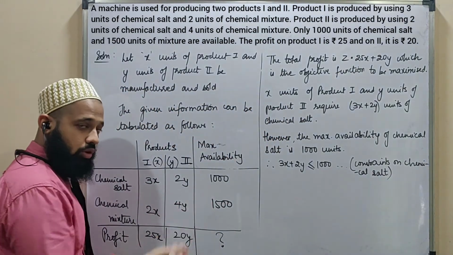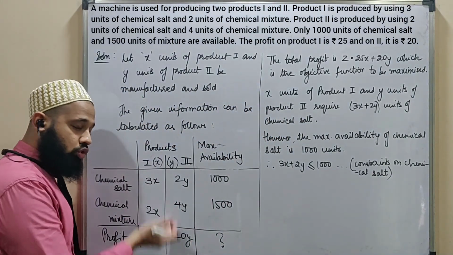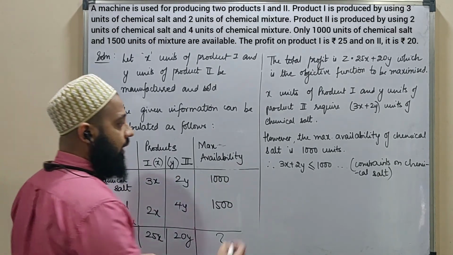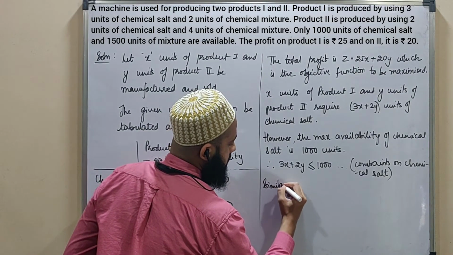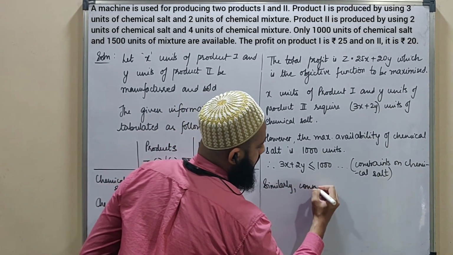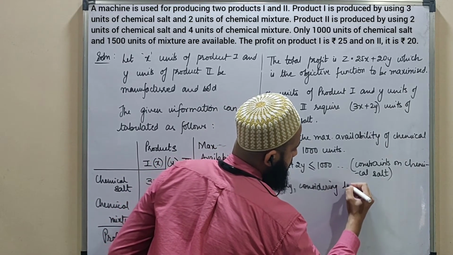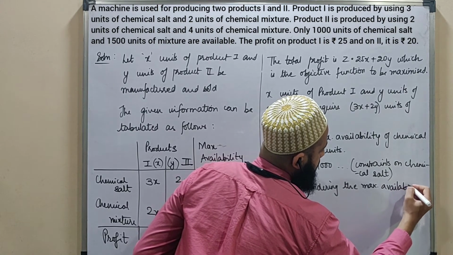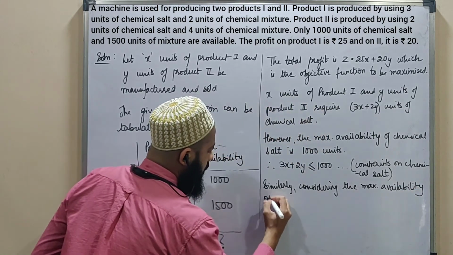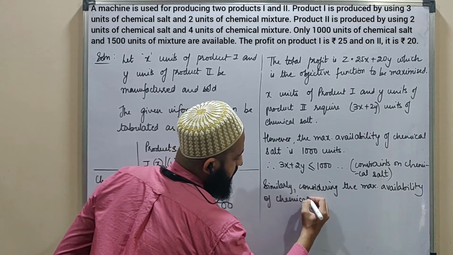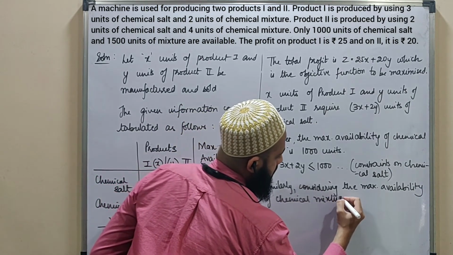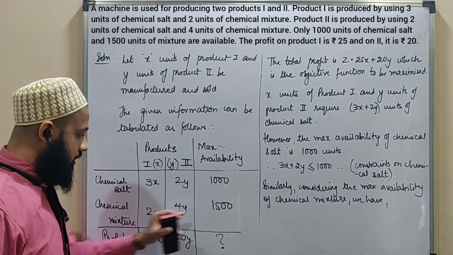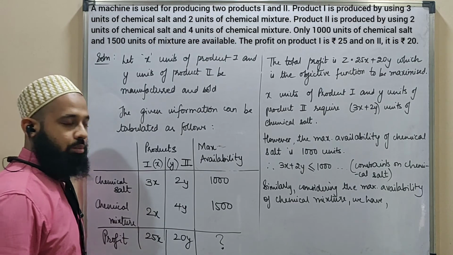There is only one more constraint here, but there can be some where there can be 2 more of them, but you need not explain all of them. Now you can just conclude with a similarly, saying that similarly, considering the maximum availability of chemical mixture, we have, that's where we generate the inequation, that is the constraint on chemical mixture.